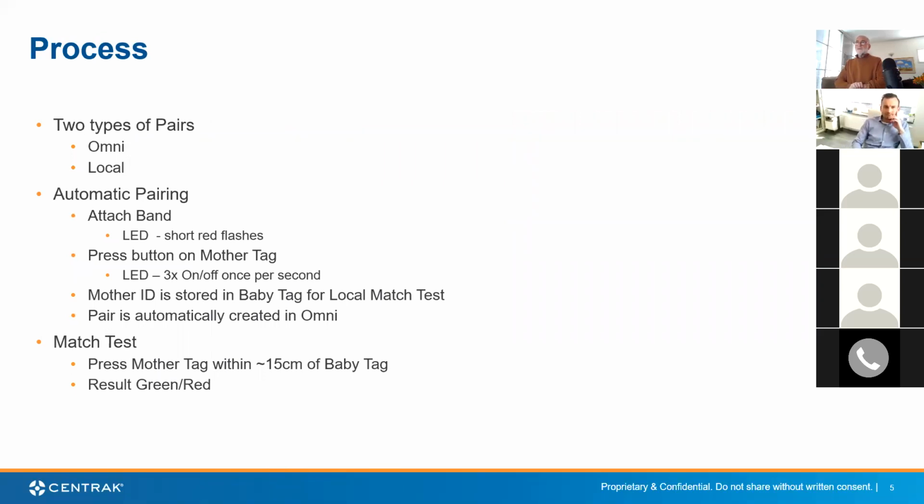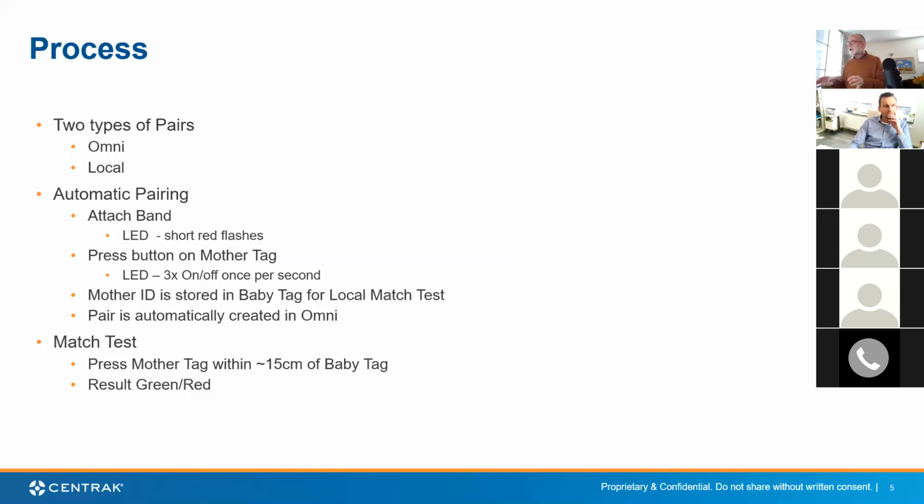So we're going to go into the process now. That was a relatively high-level summary. Now we're going to dive a little bit deeper into the actual process and how it works with the software. For this, we need to understand that there are two types of pairing.